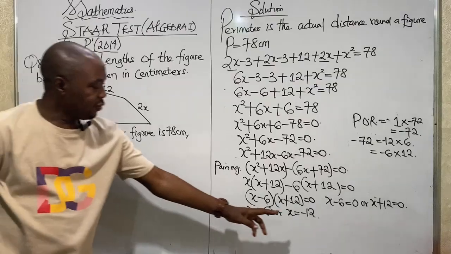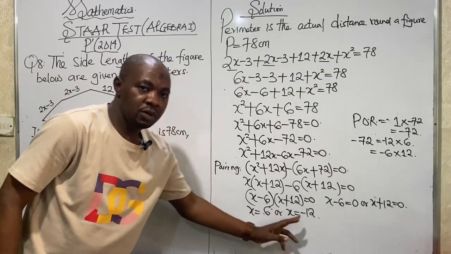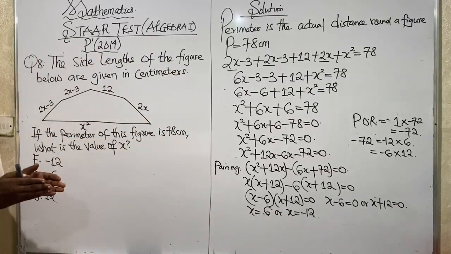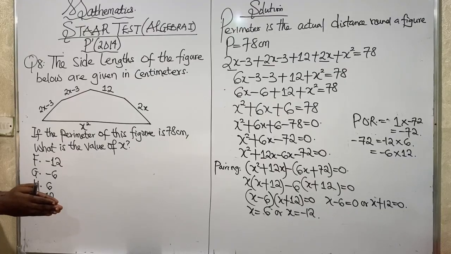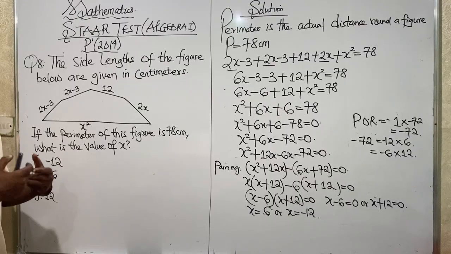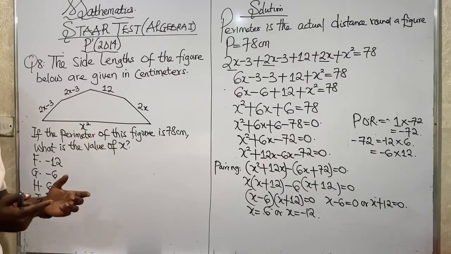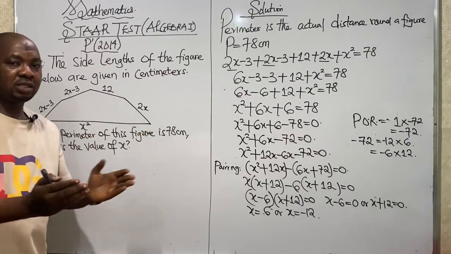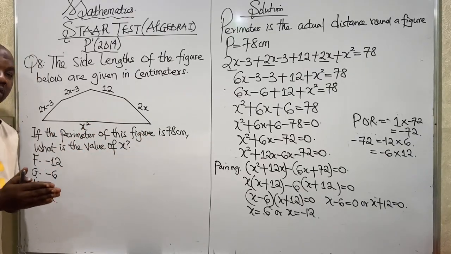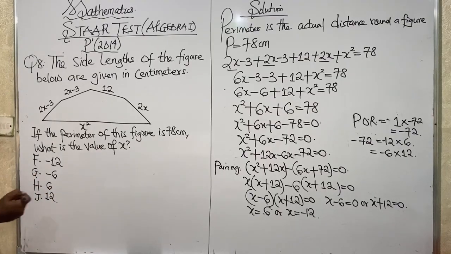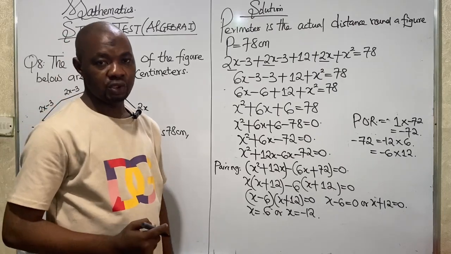If we plug in the negative 12, we're going to get a negative value, and the length is always positive. The length of a shape or the length of a line cannot be negative. So the answer to this question will be H, which means the answer is 6. So this is the answer to the question.